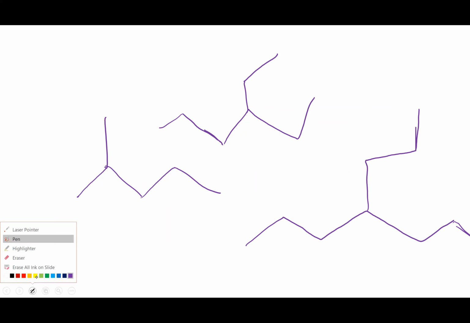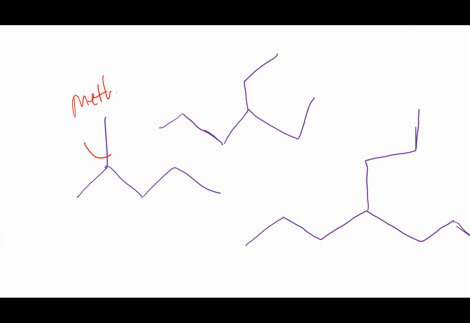I didn't draw that as well as I could have. I have a computer program that draws these for me, and I have a free one that I'm going to tell you about soon. But there you go: methyl, ethyl, propyl. 1, 2, 3, 1, 2, 1.